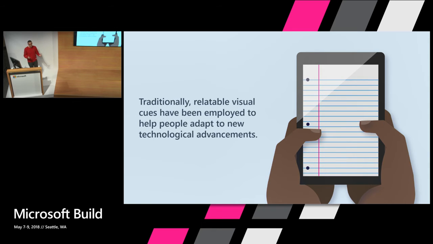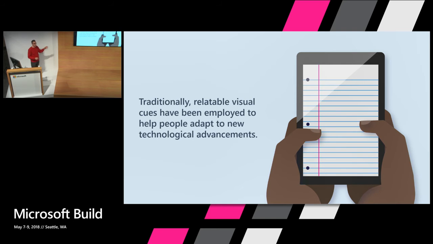And traditionally, when we think of something like skeuomorphism, skeuomorphism is that use of relatable visual cues that help ease a customer into a new tech experience. It's come in and out of fashion over the years, but really it's necessary in some ways because when a customer that has never used a digital device can see lined paper, she can understand, or he can understand, oh, I understand this paradigm, this is relatable to me, this is how I work.